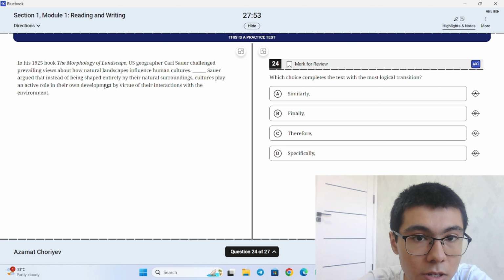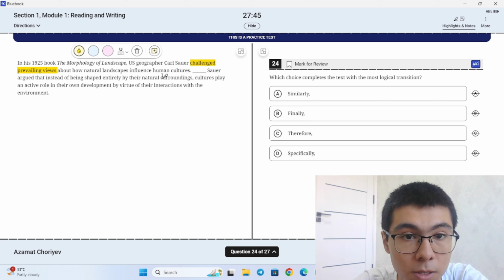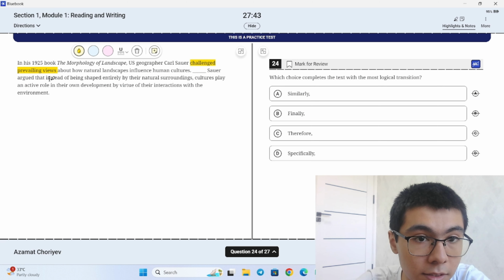24. In his book, the author challenged prevailing views about how natural landscapes influence human cultures, and argued instead that rather than being shaped entirely by their natural surroundings, cultures play an active role.